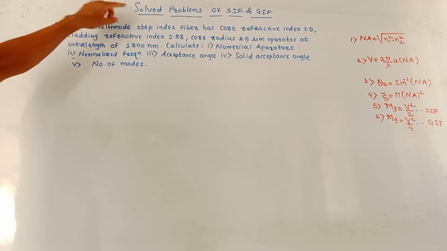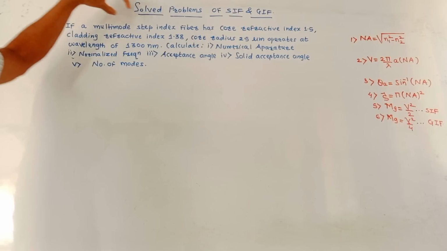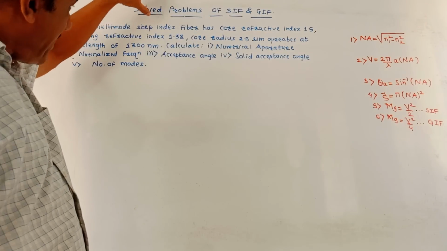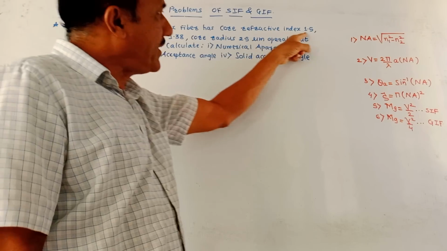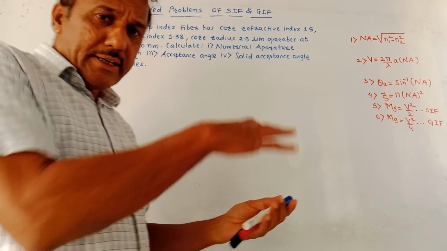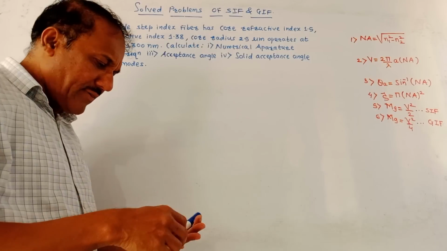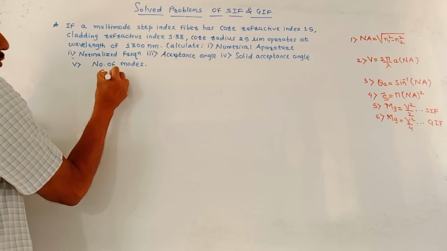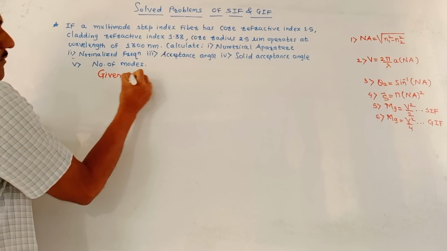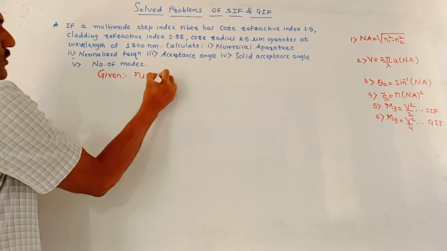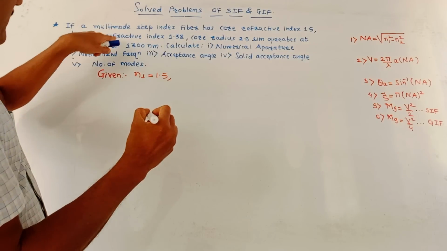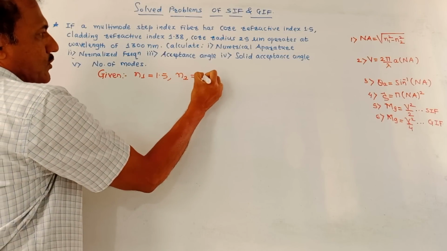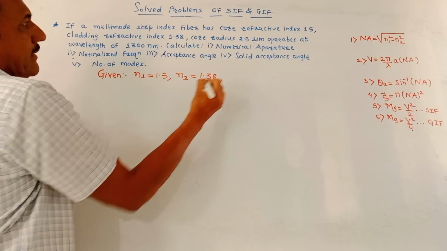If a multimode step index fiber, that is MMSI fiber, has core refractive index 1.5. Let us first write the given values. So given values are the core refractive index 1.5, that is n1 is equal to 1.5. Then cladding refractive index 1.38, so n2 is equal to 1.38.